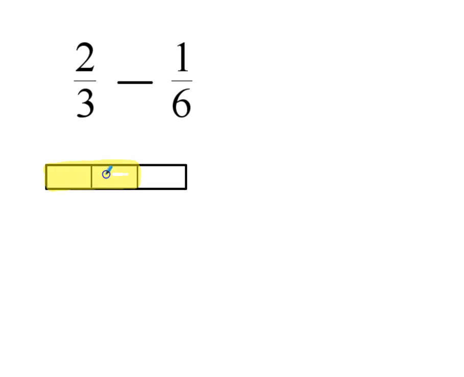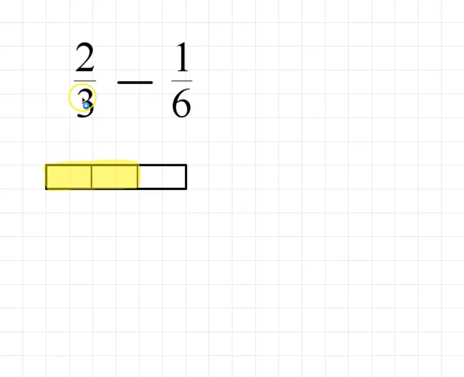And then I need to remove 1/6, but that's not going to work out so well. So let's put the grid in here. What I'm going to do again is cut each of these pieces in half. Let's do that in red. This one in half, this one in half, this one in half. And so my 2/3 then becomes 4/6.